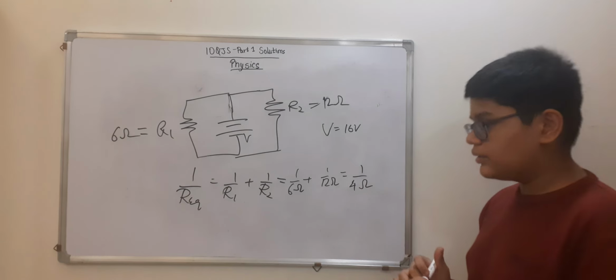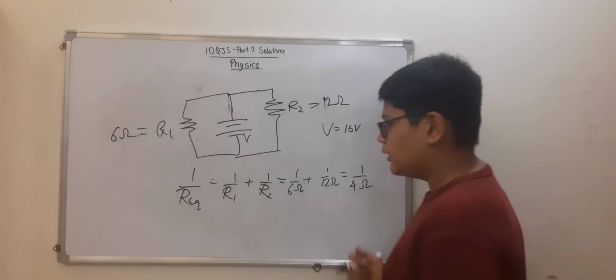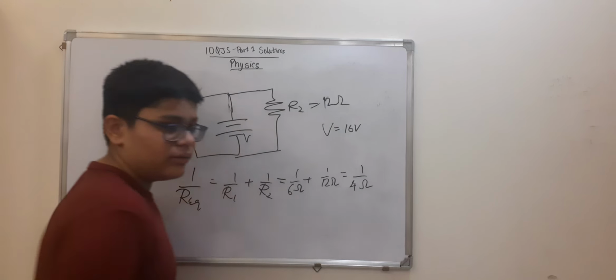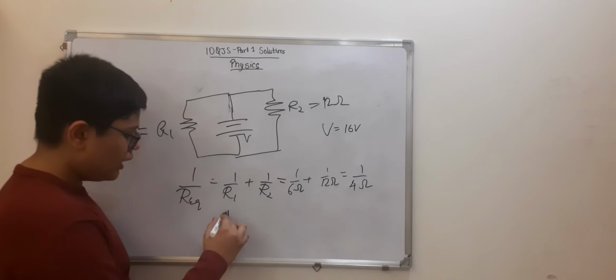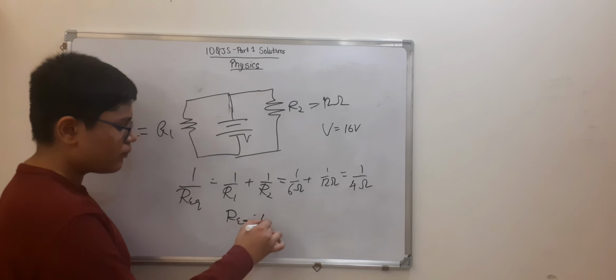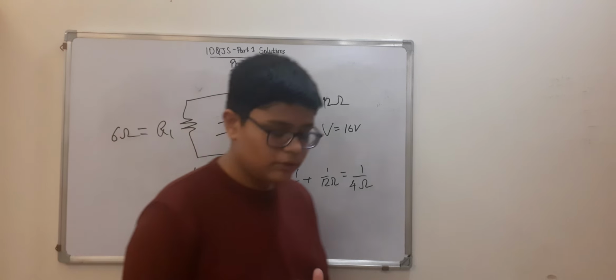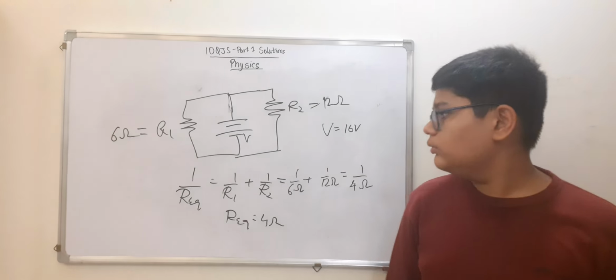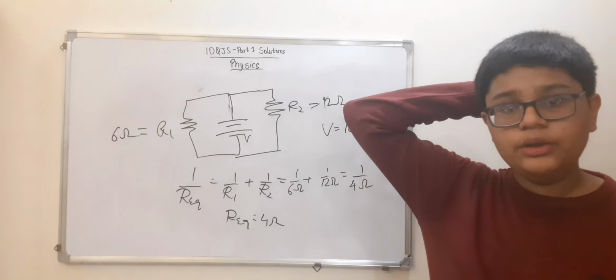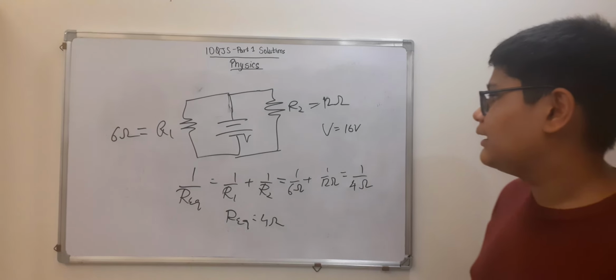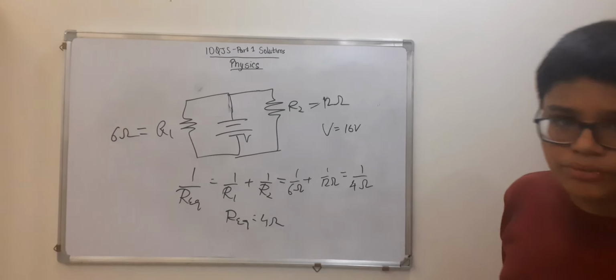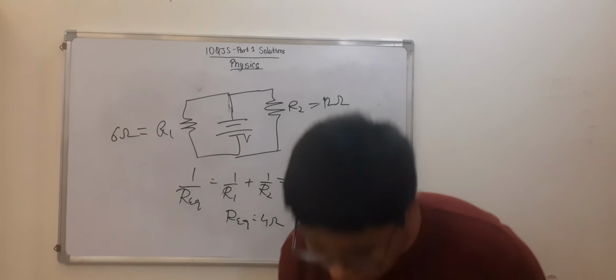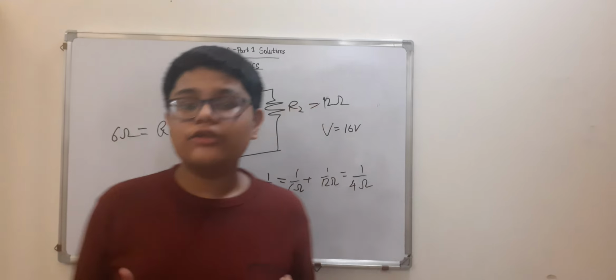This value is memorized by a lot of us: 6 and 12 gives 4. So R equivalent is 4 ohm. What will be the current? According to Ohm's law, current will be V upon R equivalent, so 16 divided by 4, which is 4 ampere, and they have given 4 ampere, so option C is also correct.